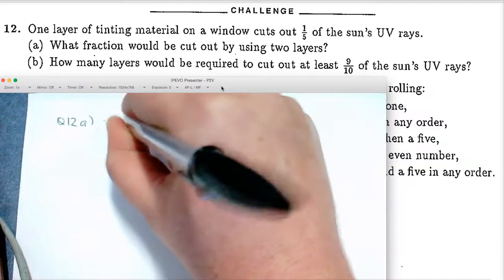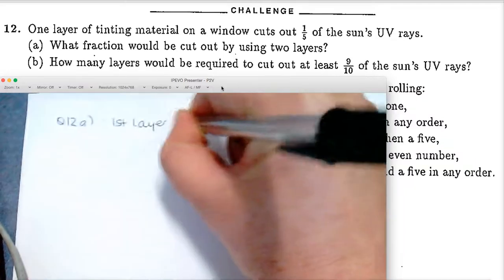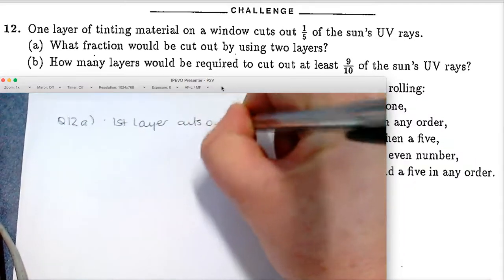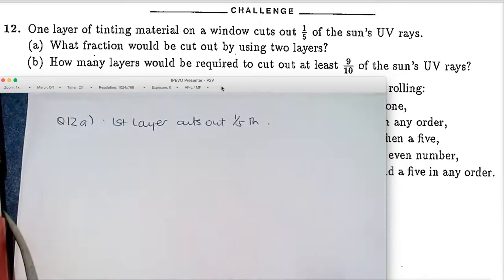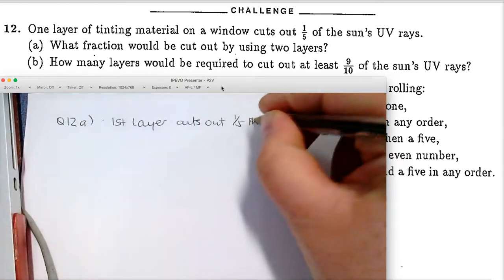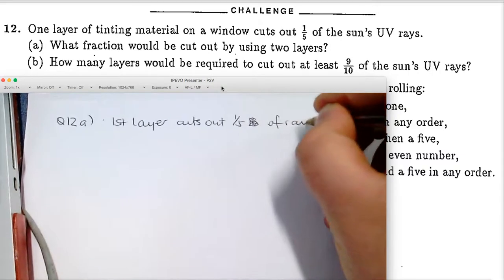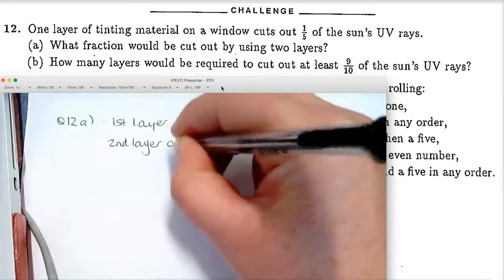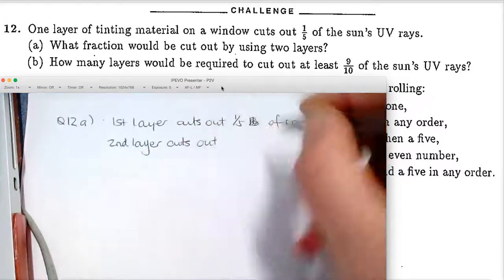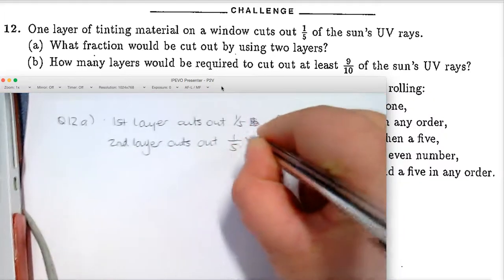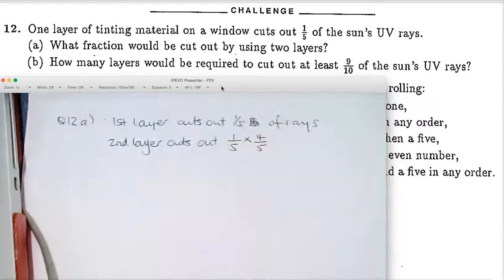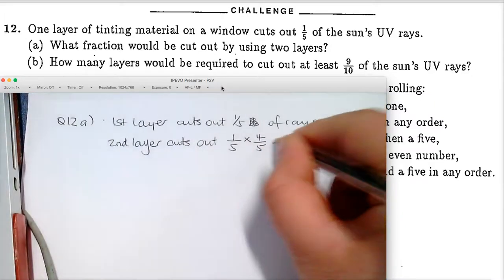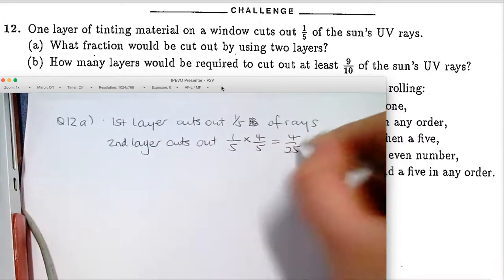So the first layer cuts out 1/5 of the rays. The second layer cuts out 1/5 of the 4/5 that's still going through, which is 4 out of 25.